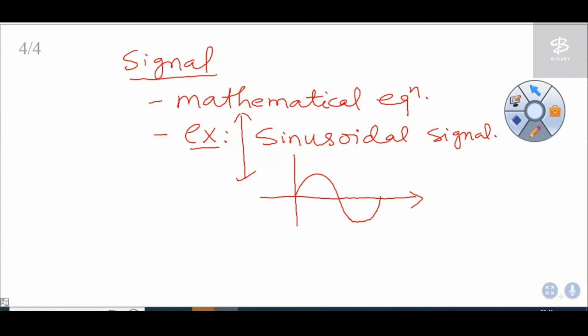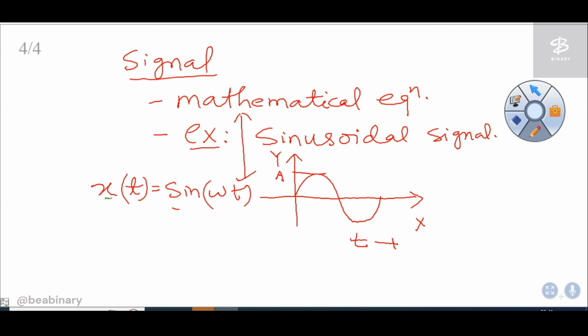So I can represent, this is my x-axis and this is my y-axis. This is my amplitude and this is my time domain. So I can represent this signal as x(t) = sin(ωt). This way we can represent the signal, and I can also write this signal in the form of A sin(ωt), where A is the amplitude of the signal at each interval of time.